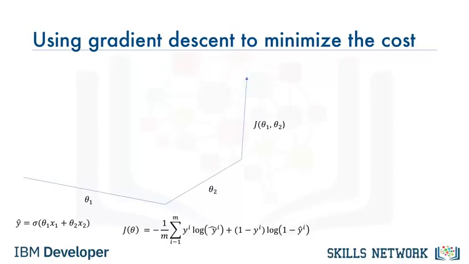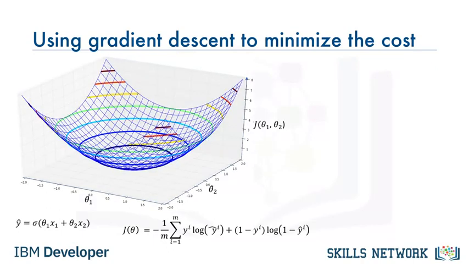So let's add a dimension for the observed cost or error, j function. Let's assume that if we plot the cost function based on all possible values of theta 1, theta 2, we can see something like this. It represents the error value for different values of parameters, that is, error, which is a function of the parameters. This is called your error curve or error bowl of your cost function.